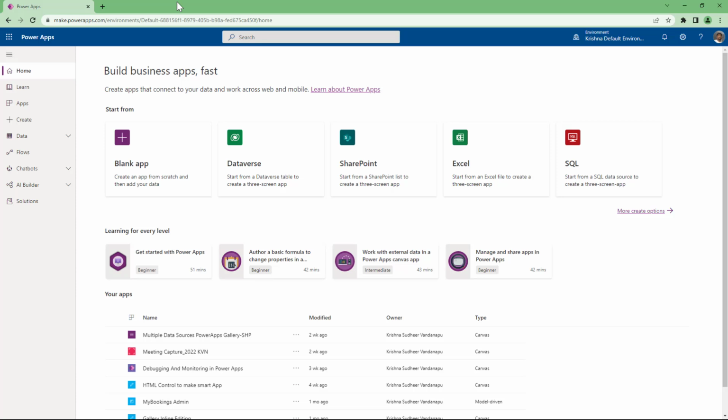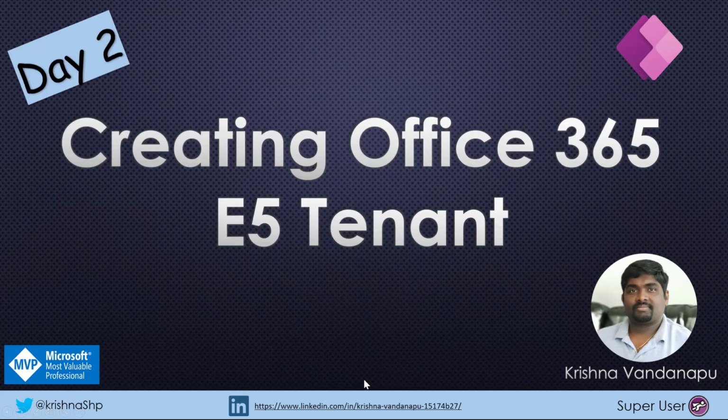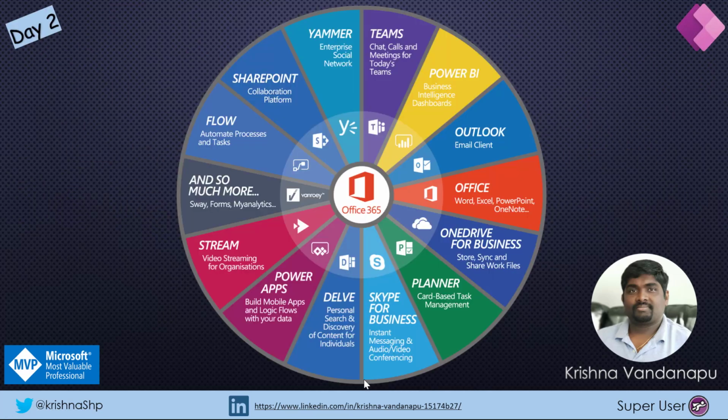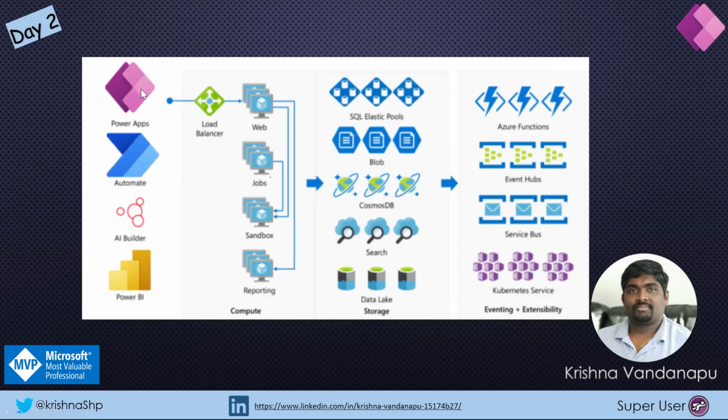If you try to recall from the previous class, what we learned is how the user's request will be rendered. When the user opens the Power Apps portal, it will go to the load balancer and then to the web front-end server.